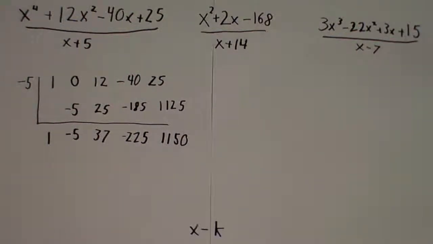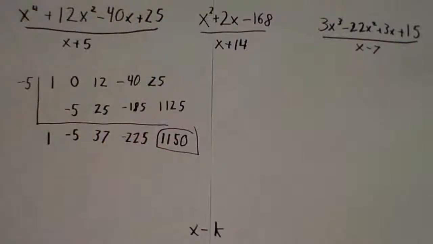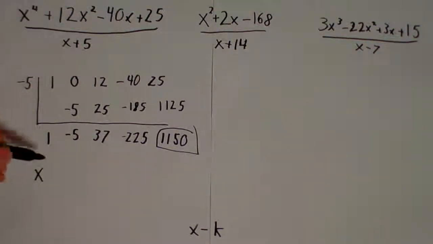So, the next step is to fill in all of the coefficients. Remember, the last term we get is always going to be our remainder. So we have quite a big remainder in this case, but that's alright. Now we're going to fill in our coefficients. We've got a 4th degree divided by a 1st degree. That's going to give us a 3rd degree, so the degree of our first term is 3.